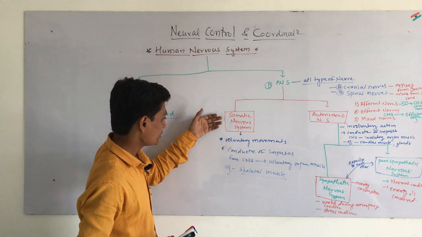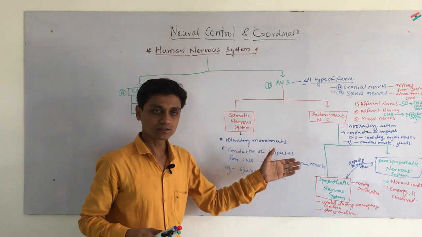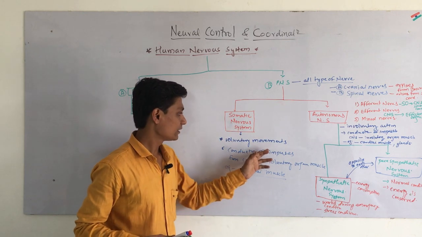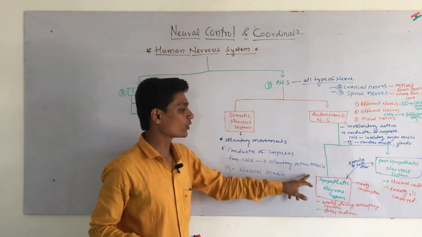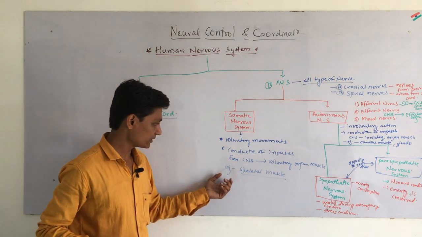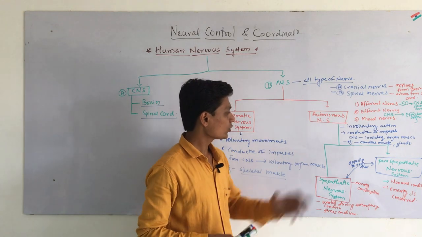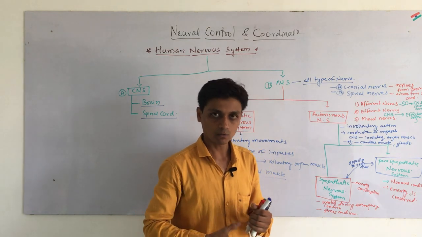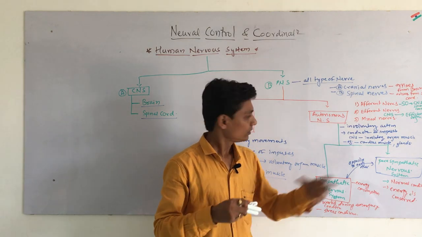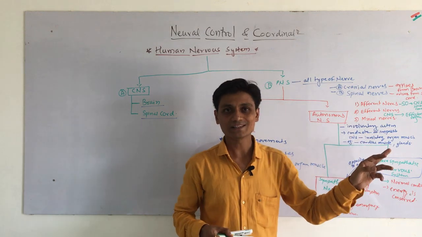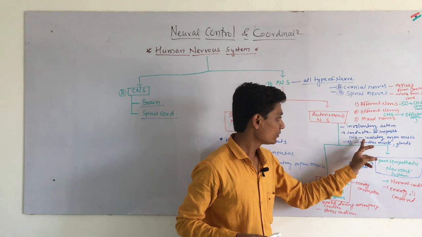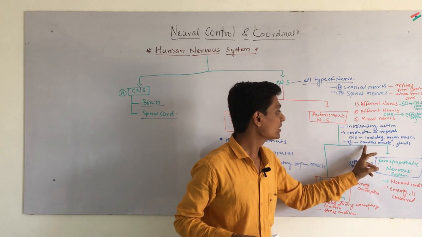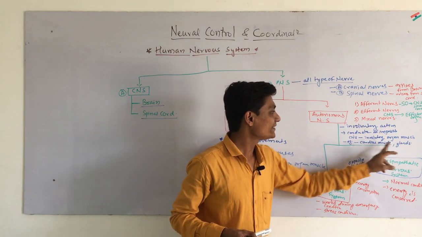The somatic nervous system controls voluntary movements, with conduction from CNS to the voluntary organ muscles, for example skeletal muscles. The autonomous nervous system is involuntary action; it acts on involuntary organ muscles like the heart, which has cardiac muscles, and also on the glands.